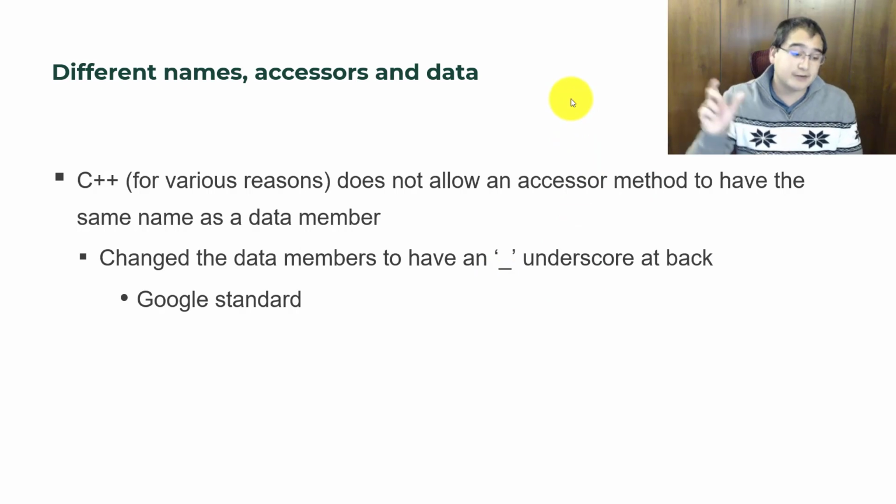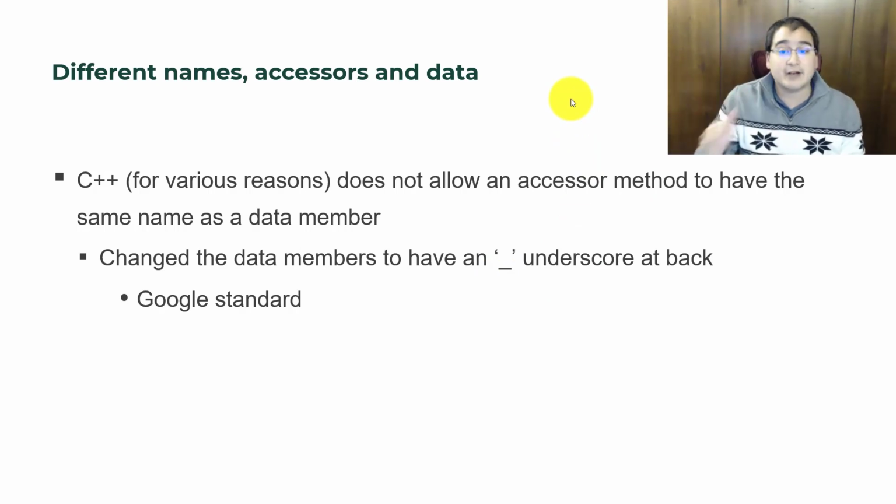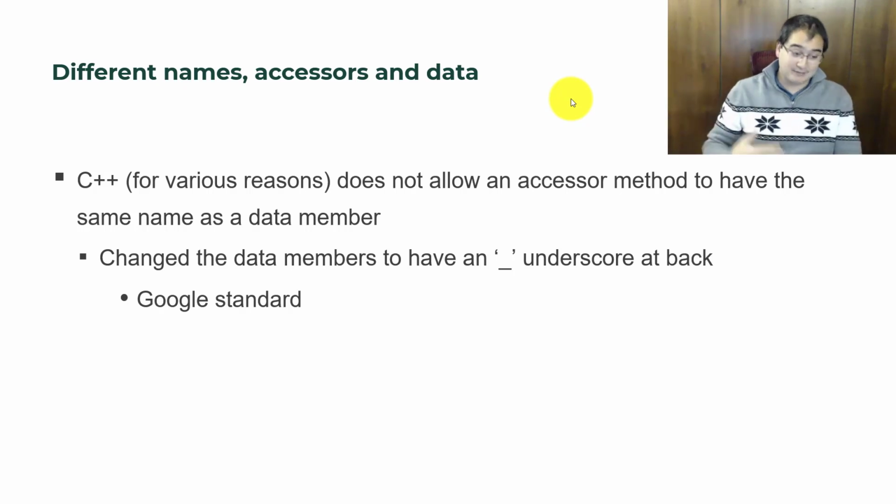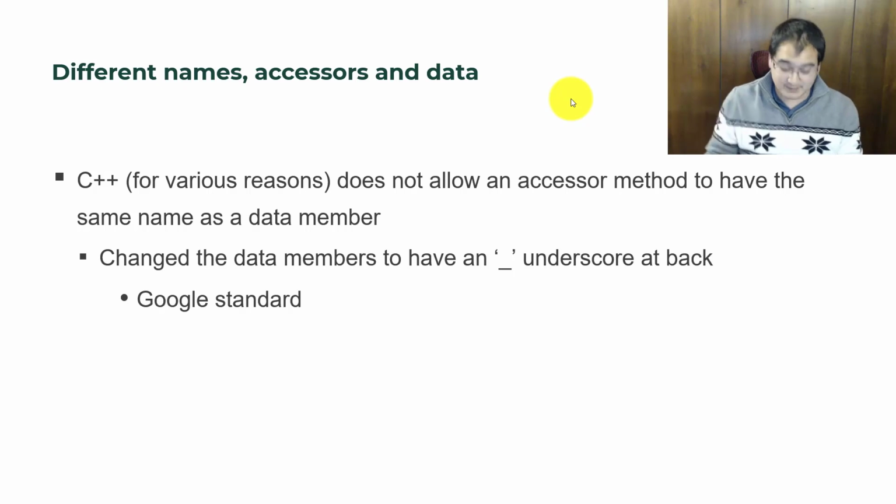Instead, all of your data members would be hours_, minutes_, period_, to indicate that these are data members, and so that you're allowed to have the hours member function be really nice and simple, and it doesn't need to have get in front of it. It doesn't need to have an underscore in that name. And that's a good thing because, once again, you're trying to make a clean interface for the user.